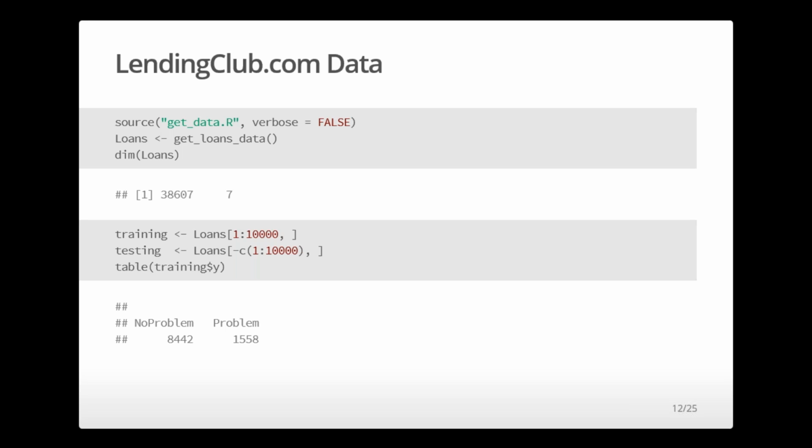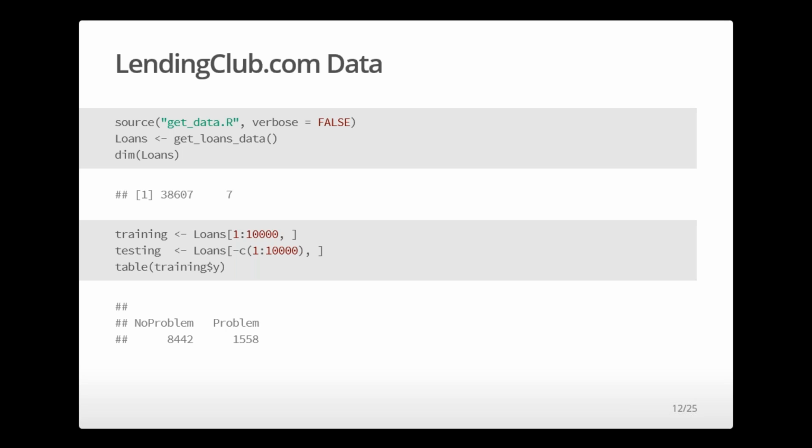You can look at the distribution of the outcome variable that I've created, y. This is a factor that has two levels, problem and no problem. These data are from people who were accepted, several years ago, to get a loan through lendingclub.com. The question this y variable pertains to is, did the person have a problem paying back the loan?